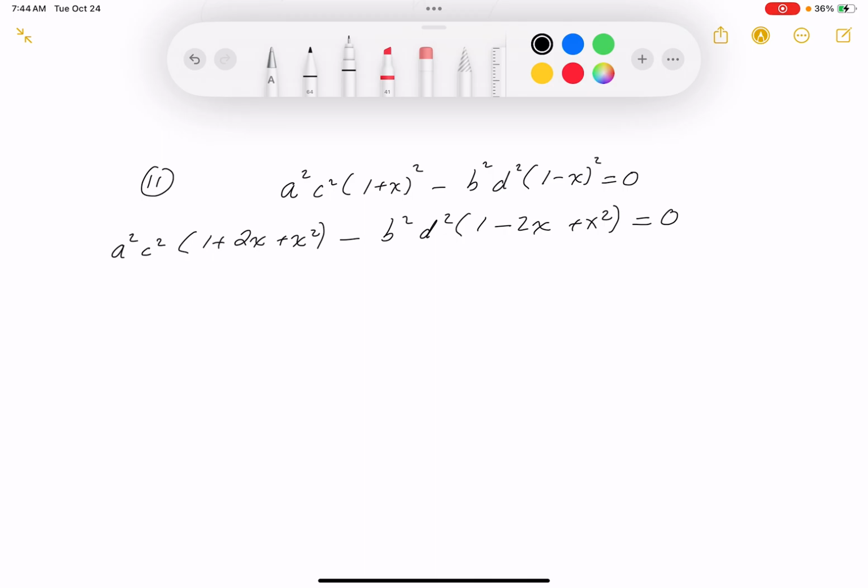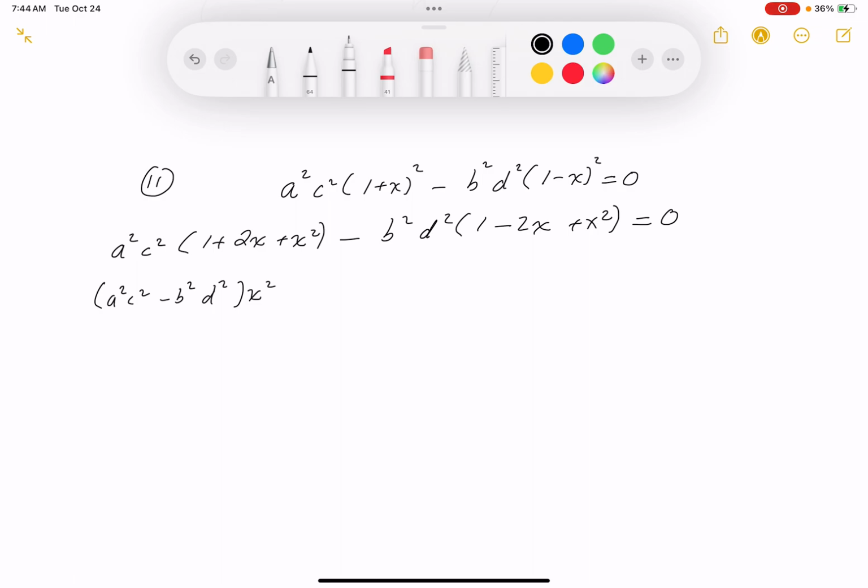So I'm going to write the coefficient on x squared first. What's that coefficient going to be? Let's take a look at it. The coefficient here is going to be a squared, c squared. That's from the first guy. And then you'd have minus b squared, d squared. That's the coefficient on the square term.